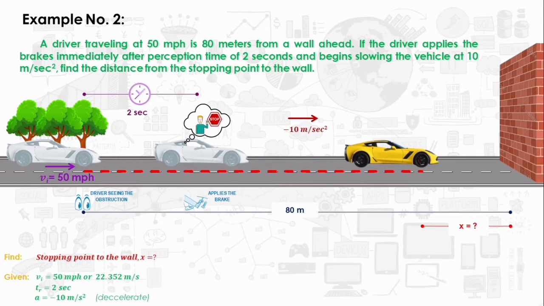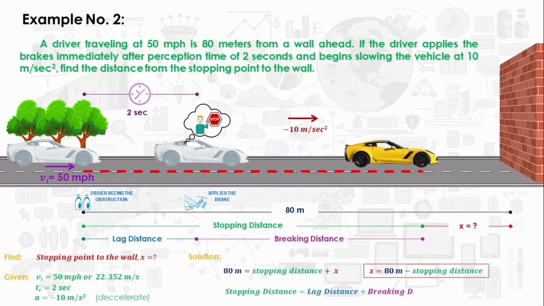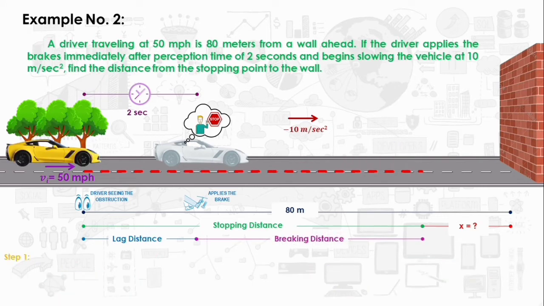We can conclude that 80 meters is the total sight distance, which is equal to stopping distance plus distance x. Since distance x is unknown, we can rewrite the equation as x equals 80 meters minus stopping distance, where stopping distance is equal to lag distance plus braking distance.